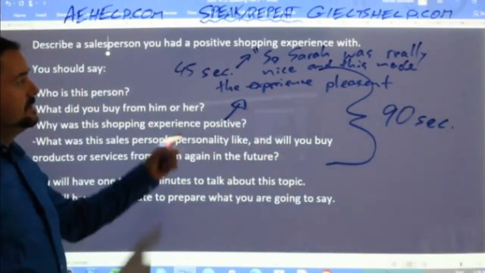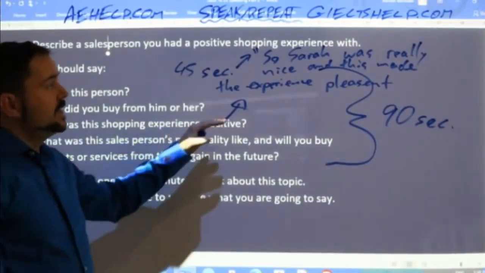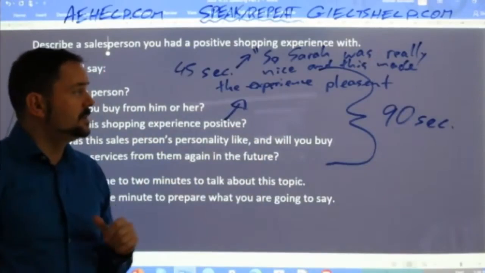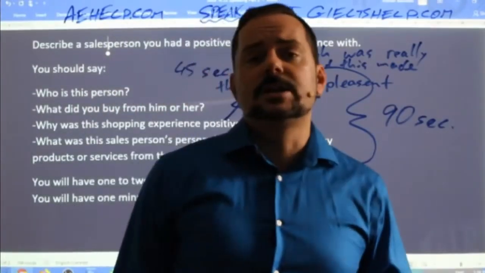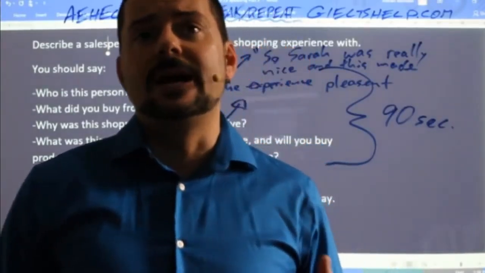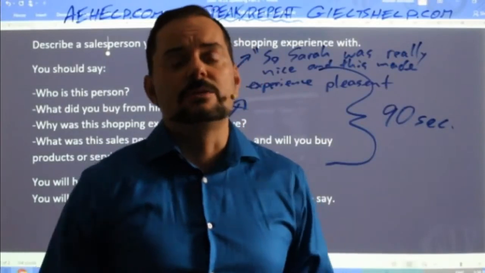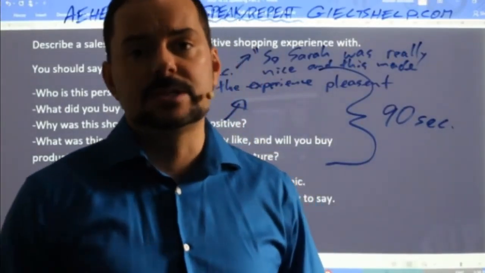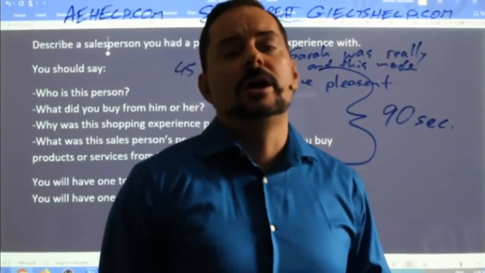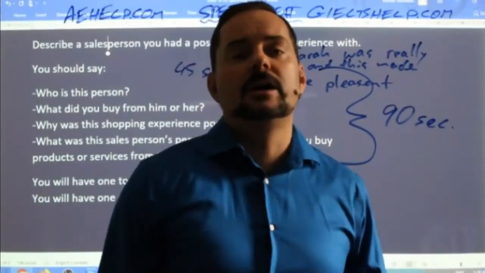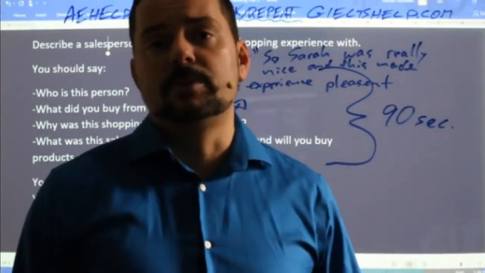So at 45 seconds, you get to this kind of question, you're answering it, and you say, yeah, so Sarah was really nice, and this made the experience really pleasant. I was really happy about the shopping because Sarah was just so kind and so generous, and she was always smiling, so I was feeling really good about this experience. I was just really happy that I had a chance to buy this car from Sarah because, yeah, she was just such a super person.